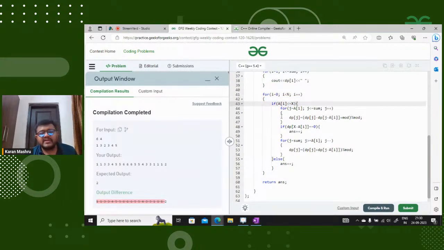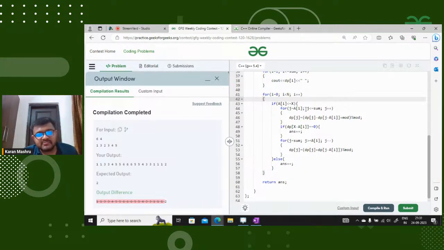So what I'll do is I'll decrement the count of the sum values starting from a of I and going up to sum. Why? Because those values of sum which are less than a of I, like j equals to 10 and a of I is 12, then that 12 cannot be a part of a subset whose sum is 10.